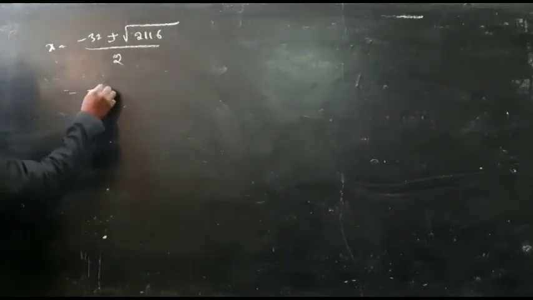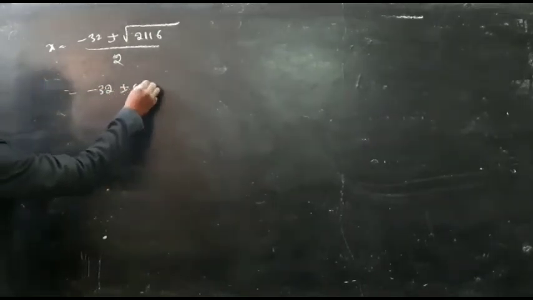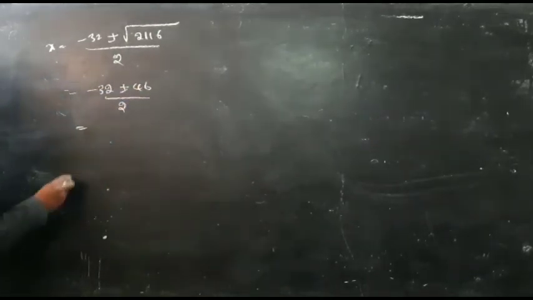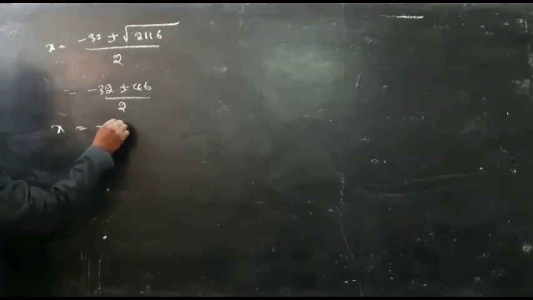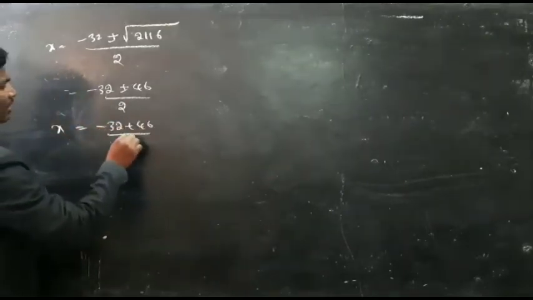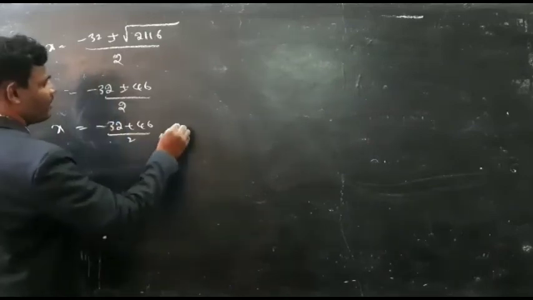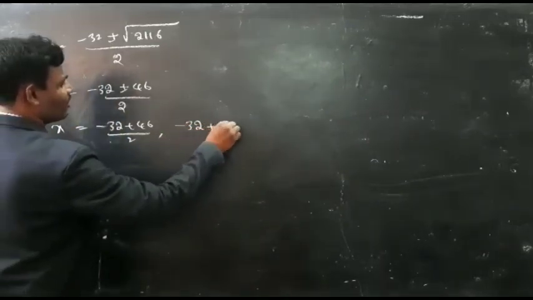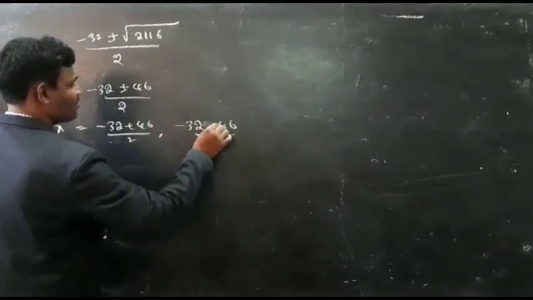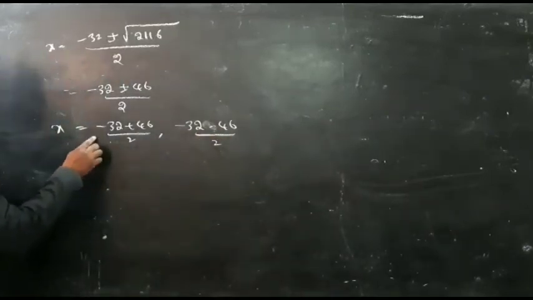The square root of 2116 is 46. So x is equal to minus 32 plus 46 by 2, comma, minus 32 minus 46 by 2.